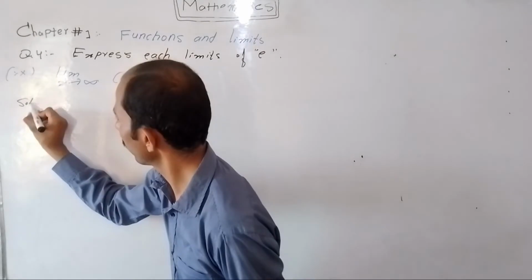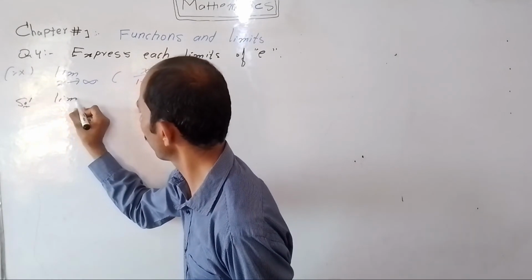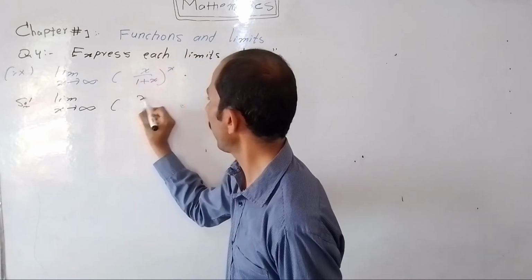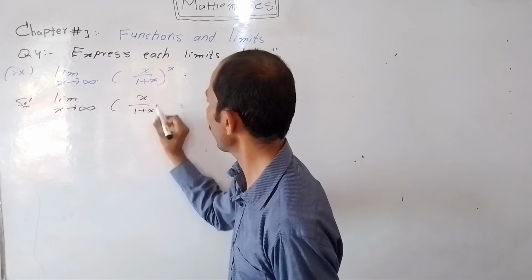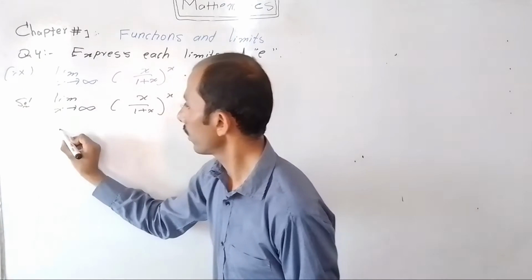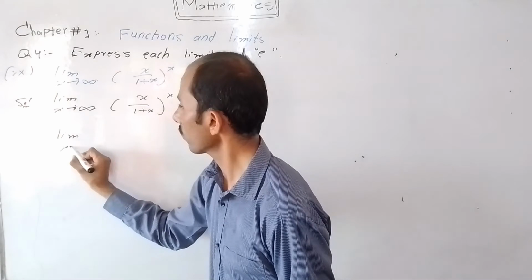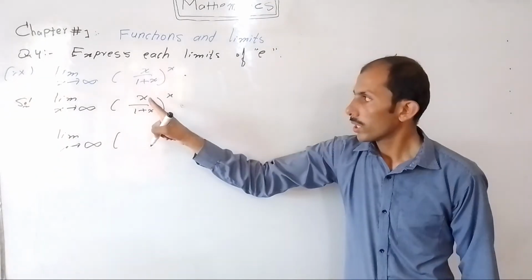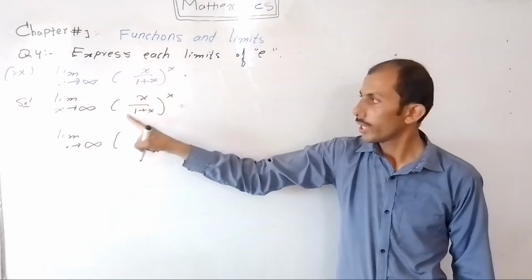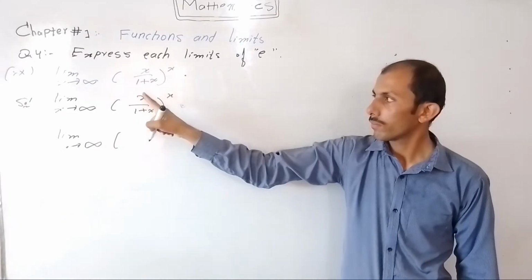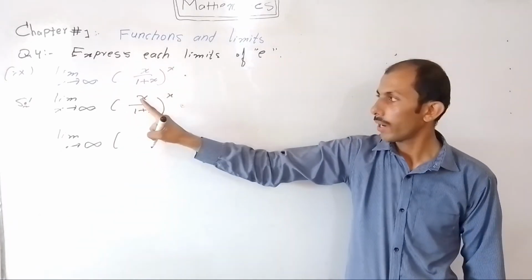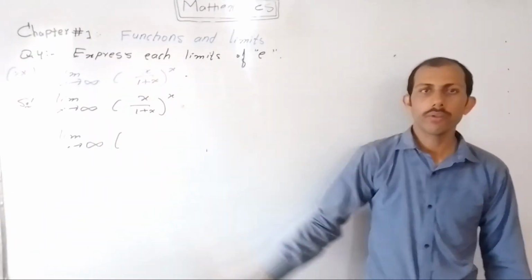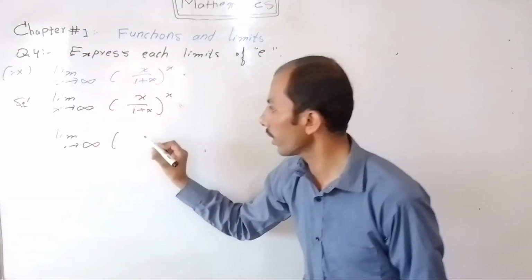Solution: limit x approaches infinity of (x divide 1 plus x) whole power x. Dear students, take x in numerator form and 1 plus x in denominator form, and 1 plus x in numerator form. So sign will be changed, power negative form.